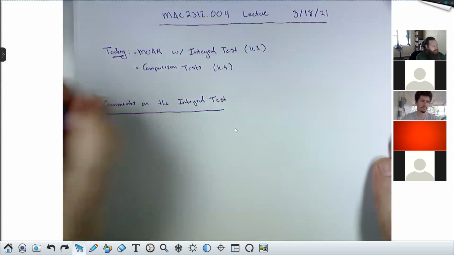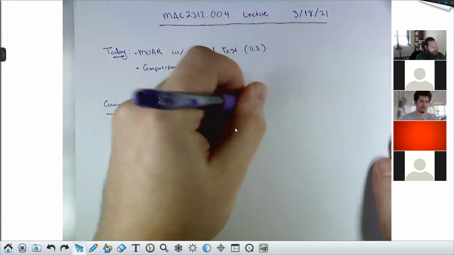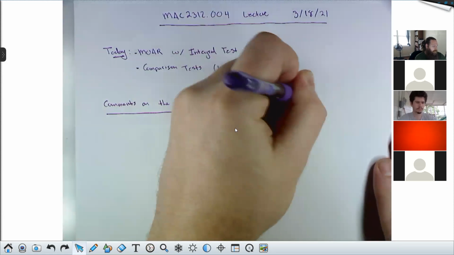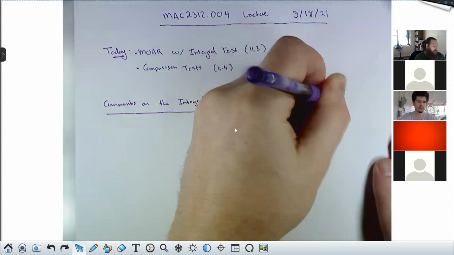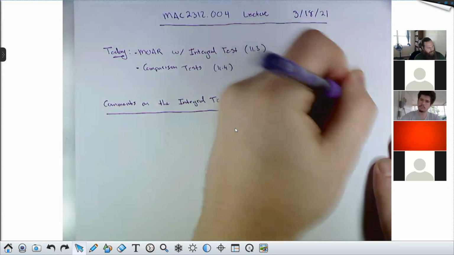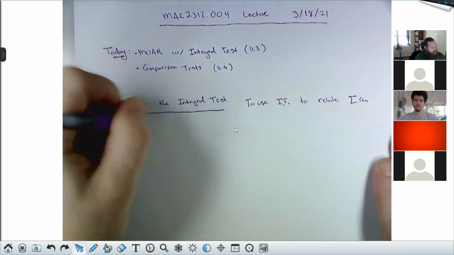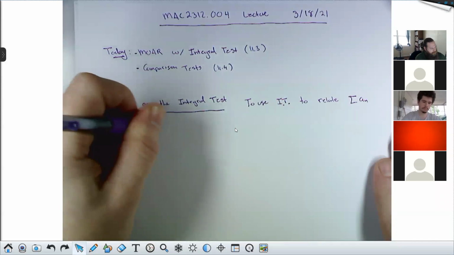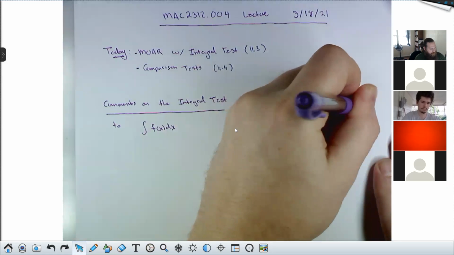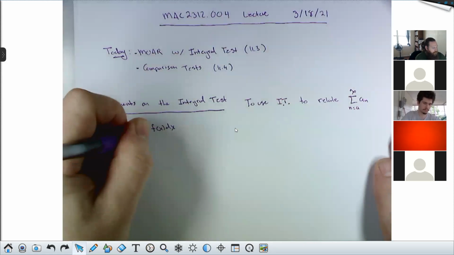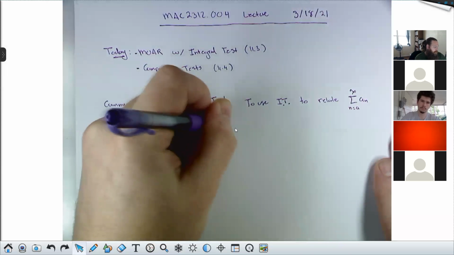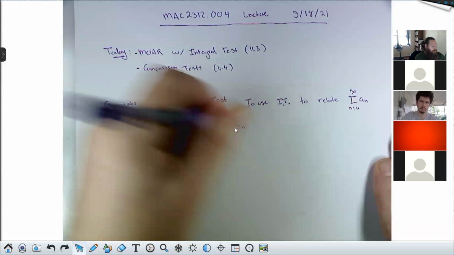Remember, to use the integral test, which I'll abbreviate as IT, to relate the series sigma a_n to an integral of f(x) dx, and the series is summed usually from, I'll say, a to infinity, integral a to infinity, where f(n) is equal to a sub n, right?